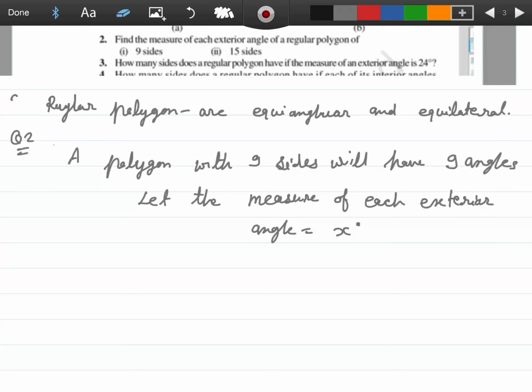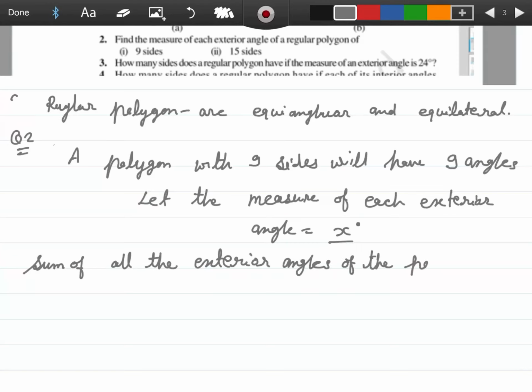So that means the sum of all the exterior angles of the polygon will be equal to 9x.